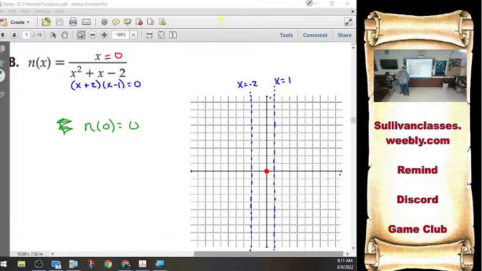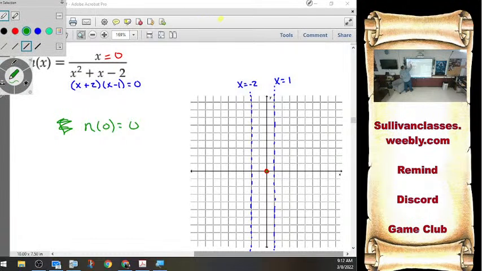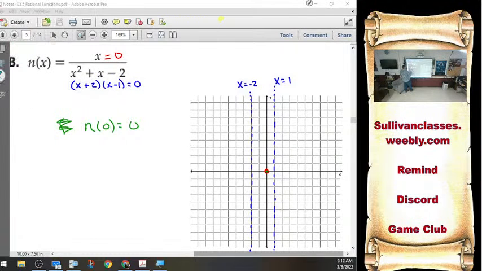I just had an x-intercept at 0, so I should also have a y-intercept at 0. My horizontal asymptote: n is less than m, so I'm going to have a horizontal asymptote at y equals 0.